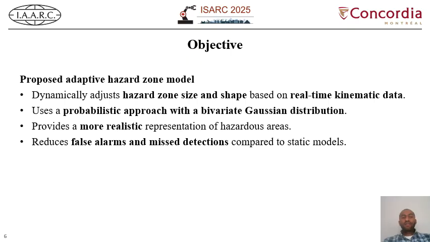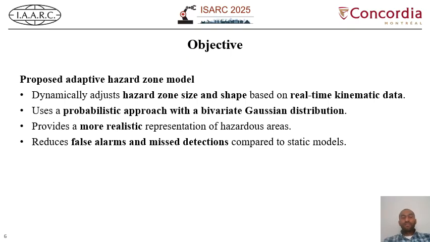It also provides a more realistic representation of hazardous areas. For example, rather than being a circular hazard zone, it will be elliptical with an elongated size towards the direction of movement.